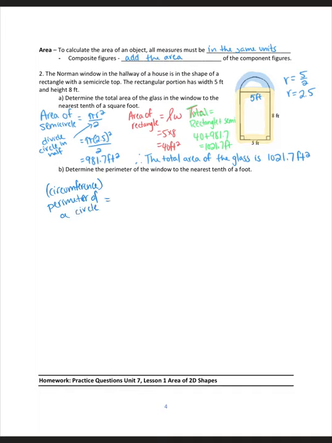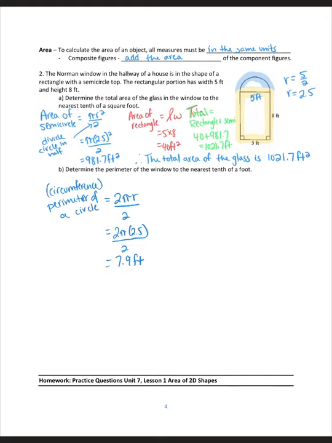So the perimeter of a circle is represented by 2 pi r, but again, we have to divide that in half because we're only doing half of a circle. So we'll plug in again those same values. Our radius is 2.5. And if we were to calculate that, we should get 7.9 feet. Remember, this is perimeter, not area, so we're dealing with just feet, not feet squared.